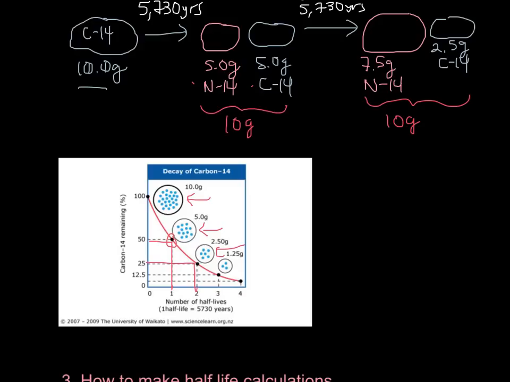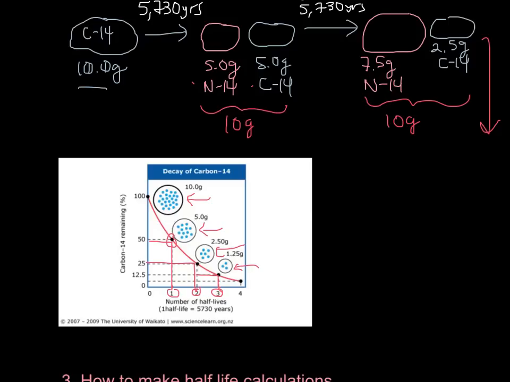And then after a third half-life, we would have half of 2.5, which is 1.25 grams of carbon-14. And then the remainder, of course, would be all nitrogen-14, because that's what it's decaying into, and that would be 8.75 grams.